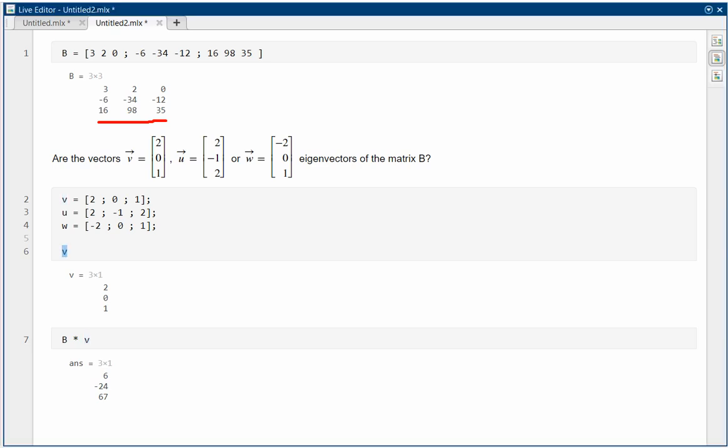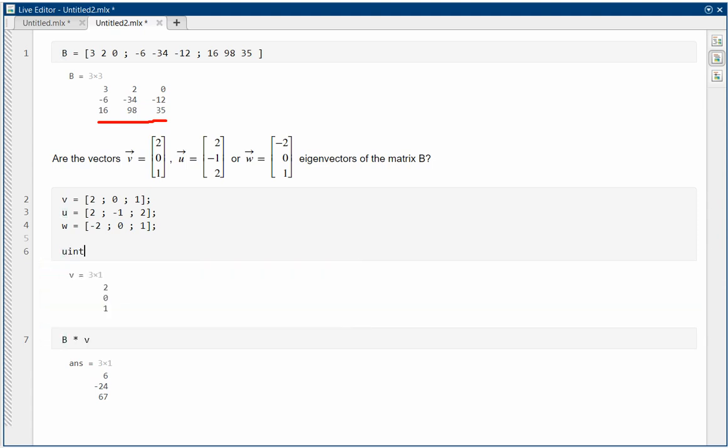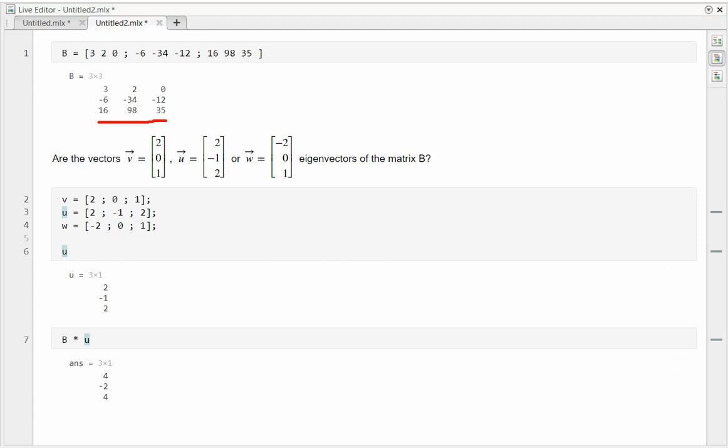Let's take a look at the vector u and multiply instead by the matrix. Now this is interesting because we do, in fact, have an eigenvector. Look, this is 2, negative 1, 2, and the result is 4, negative 2, 4. So this eigenvector u corresponds to an eigenvalue of 2. Well, that's fairly easy.